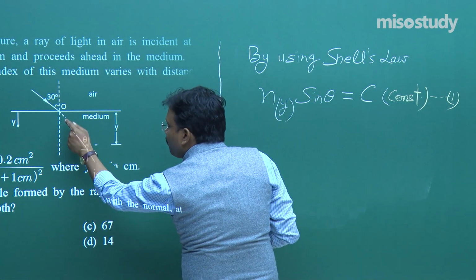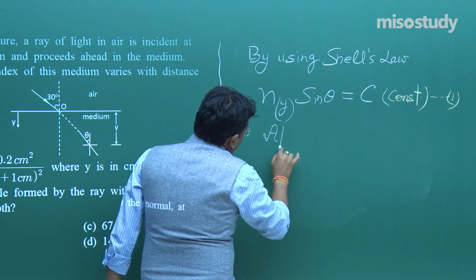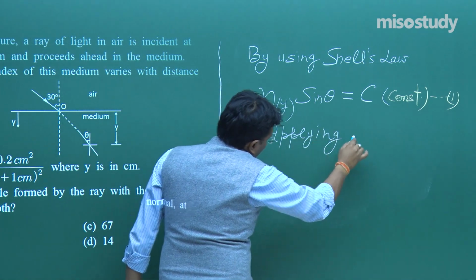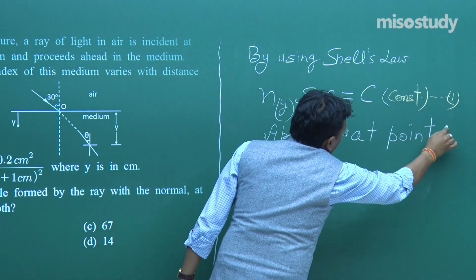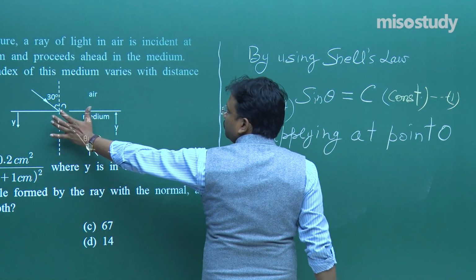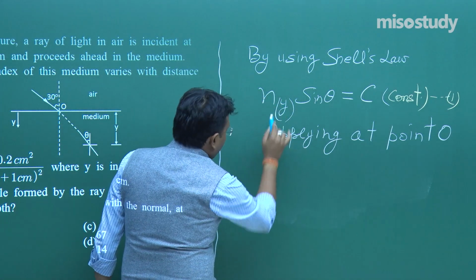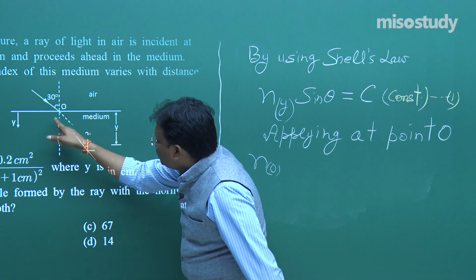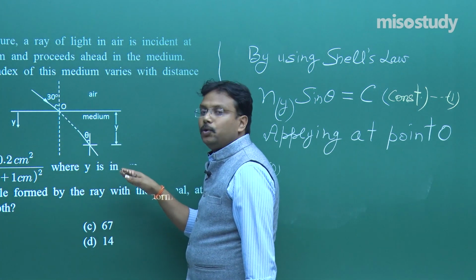Now there is one point O. So what I will write down, applying at point O, this origin point O. Applying at point O means the ray is just about to enter the medium.